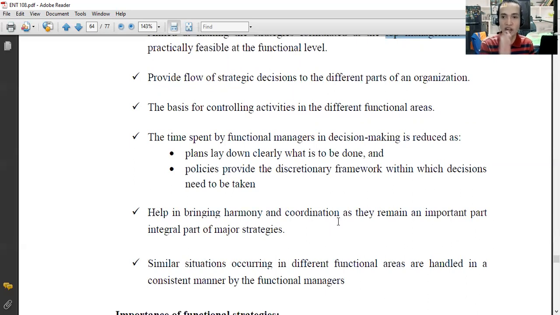So in other words, there are specific situations that are unique or peculiar to a specific business function, and therefore it is very important that the strategies given to the specific business function are suitable or applicable to that function's situation or context.